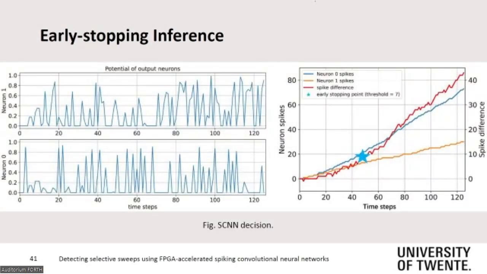Here on the left, the figures show the potential of the outputs of 2 different neurons.